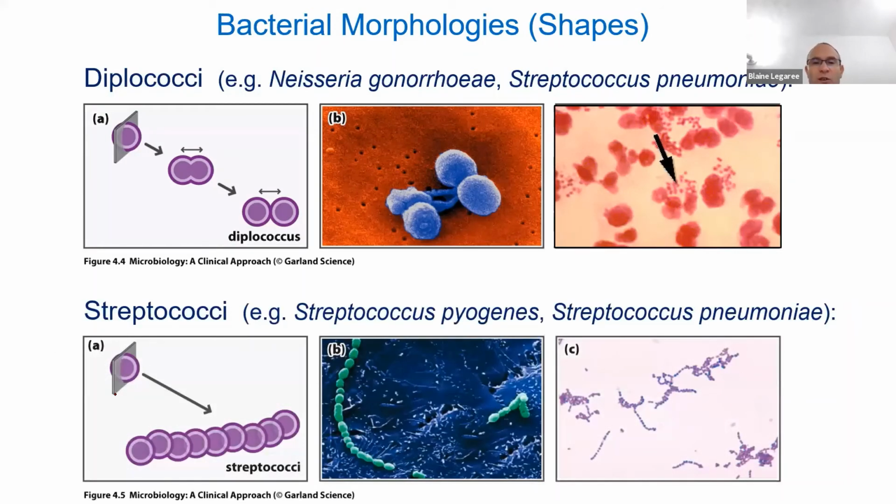Strep. You may have heard of strep throat. Strep means a chain. So you can see streptococci are forming chains of cocci, cocci, of course, meaning spheres. Streptococcus pyogenes, that's the one that causes strep throat. Streptococcus pneumoniae, that's an organism that causes pneumonia.